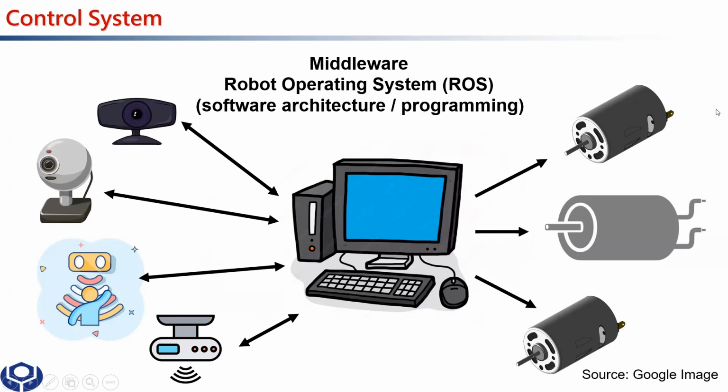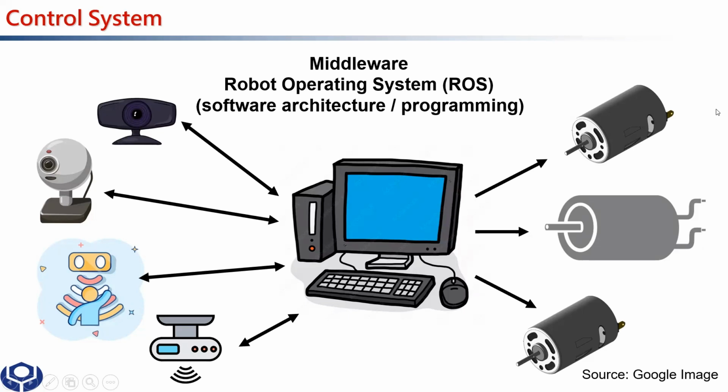As I mentioned before, we may have several different cameras, different sensors, or different actuators. So how do we connect these devices and how do we control them? In this case, we need a middleware.